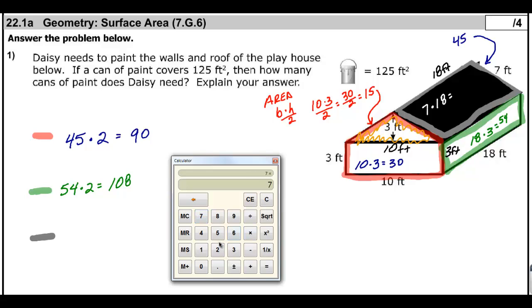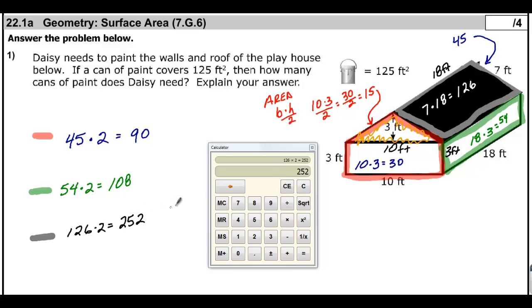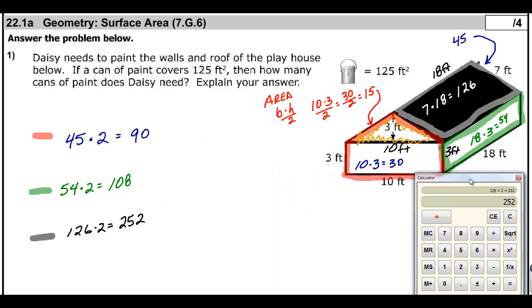So 7 times 18 equals 126. And again, that 126 has to be multiplied by 2. There's another section of roof on the other side. So 126 times 2 is 252. Calculator over here.